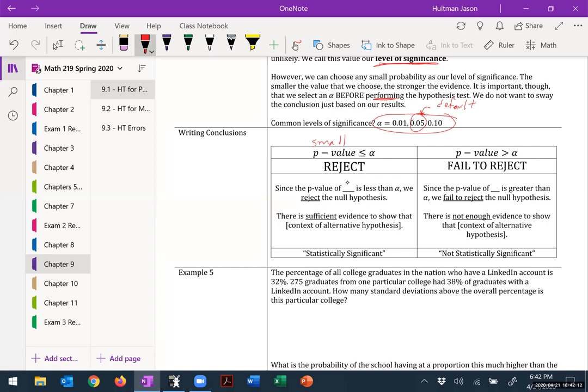There is sufficient evidence to show that blank. We reject the claim. We call BS on the claim.